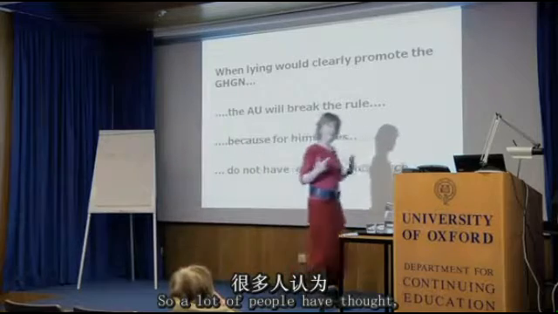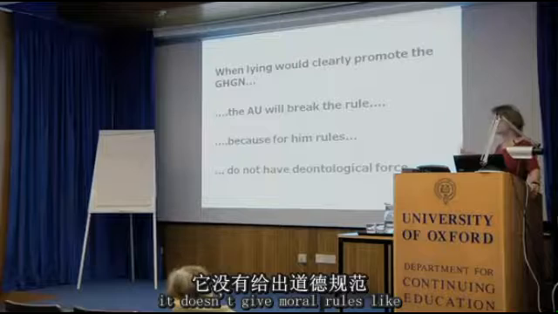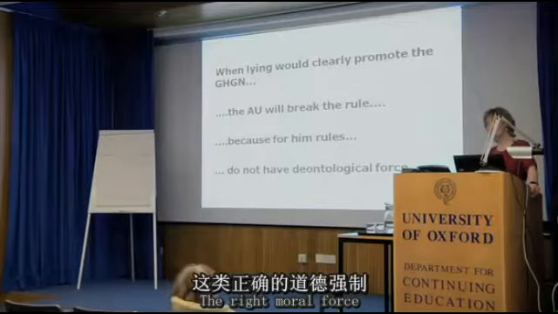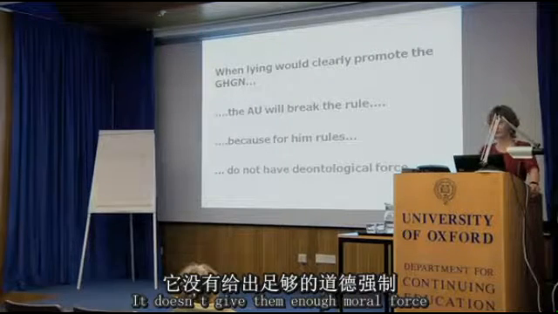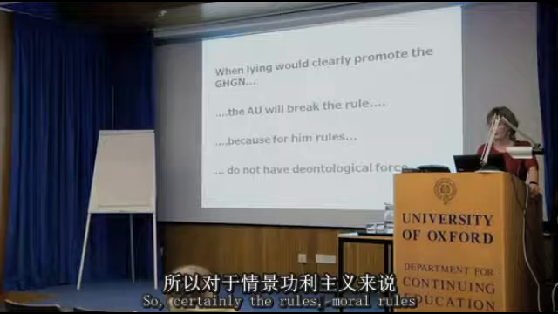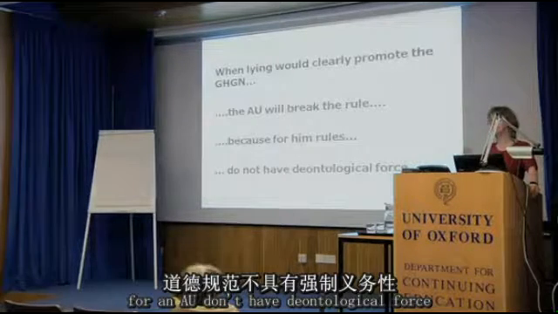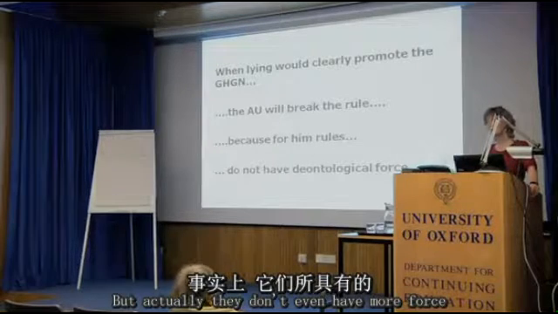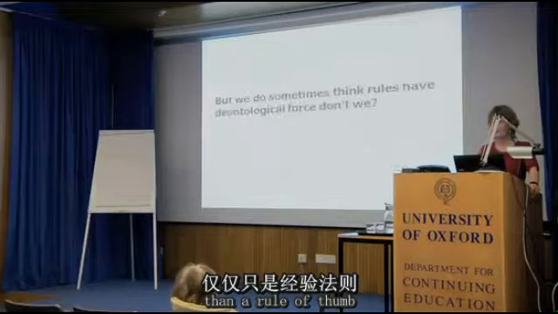So a lot of people have thought that the trouble with act utilitarianism is it doesn't give moral rules like don't lie, don't kill, the right moral force. It doesn't give them enough moral force. Certainly the moral rules for an act utilitarian don't have deontological force, but actually they don't even have more force than a rule of thumb.